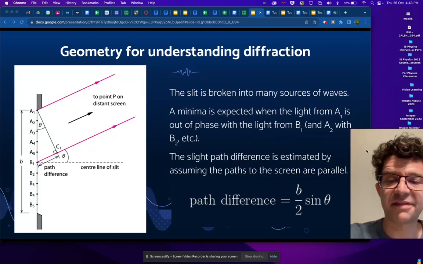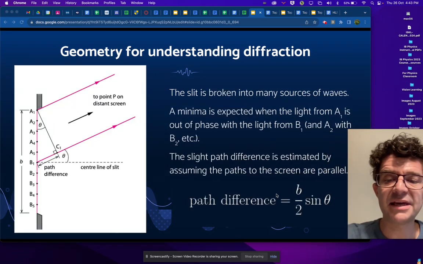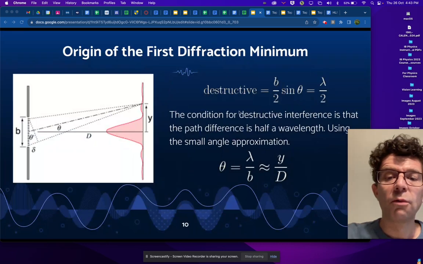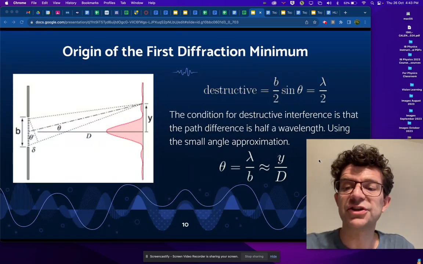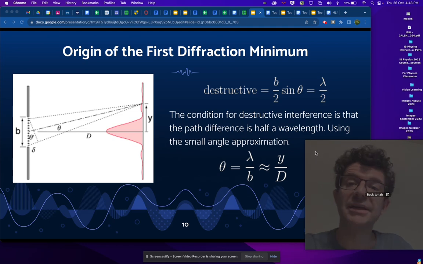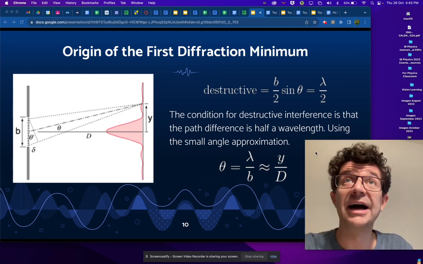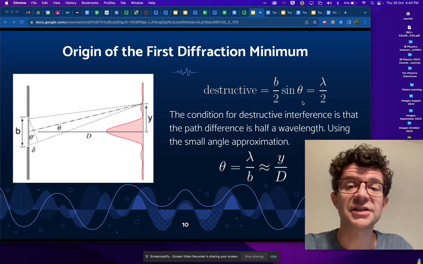We want the path difference to be equal to b over 2 times the sine of theta. We'll use a small angle approximation. You can take a look into the simple harmonic motion topic 9.1 if you need to learn about small angle approximations. But we'll have destructive interference when b over 2 times sine theta is equal to lambda over 2.